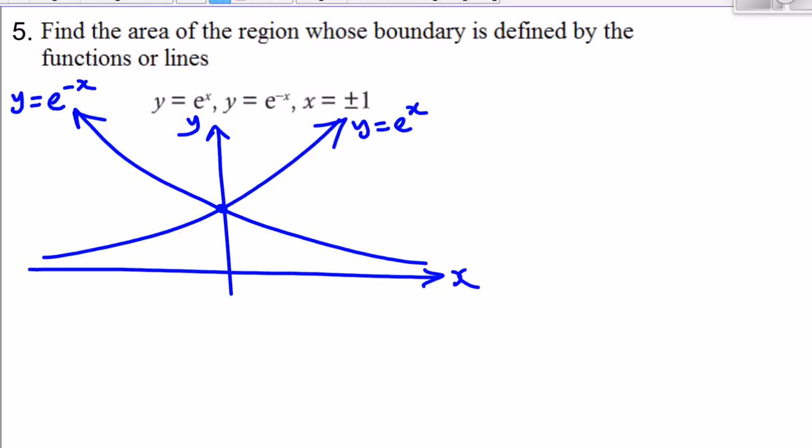So x is equal to 1 and x is equal to negative 1.